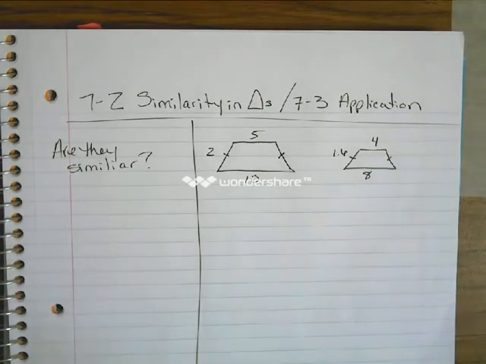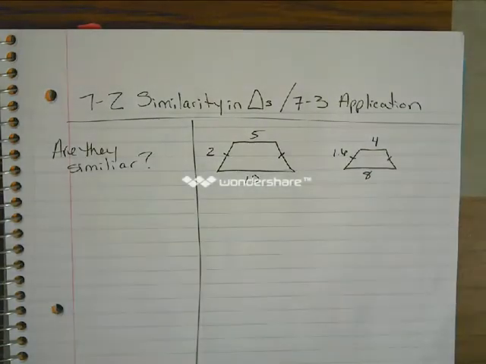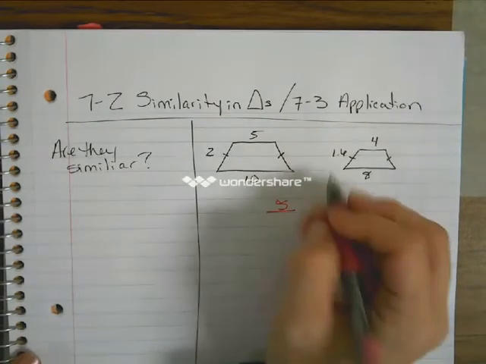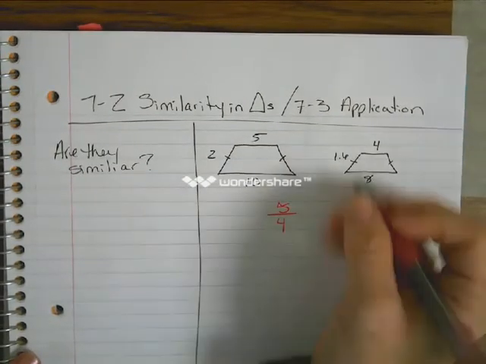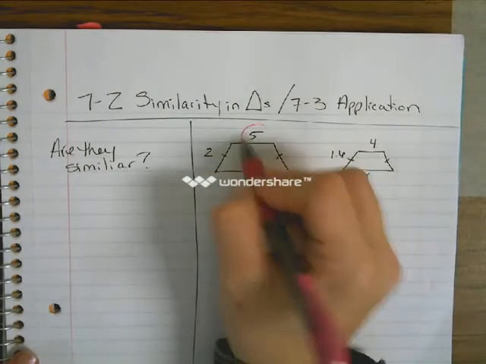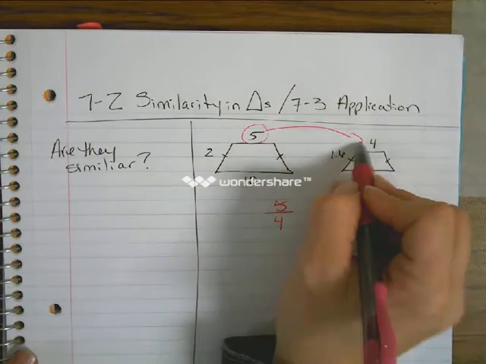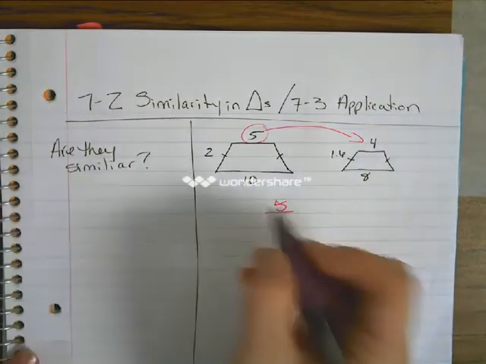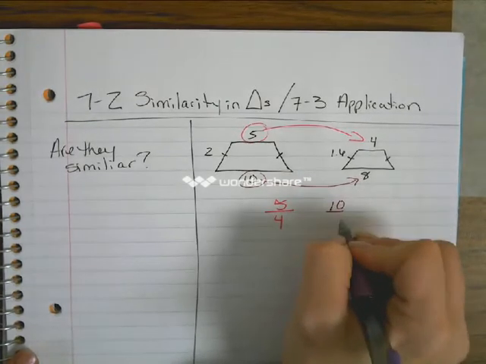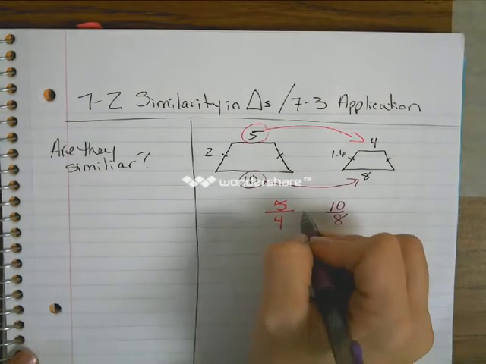Now, a lot of people would tell me that 5/4, you always, when you do a ratio, remember similarity ratios, you take corresponding parts. So we're going to do 5/4 and 10/8. And you're going to see if they equal.